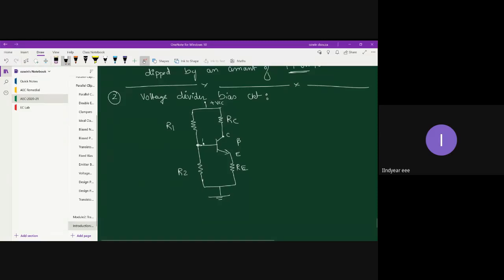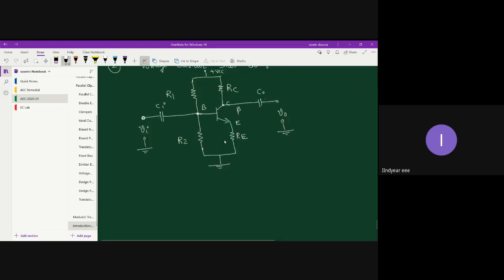That's your base terminal, and the input capacitor CI. The input signal VI, output capacitor C0, and the output voltage is measured from this end of the capacitor and the ground. So this is your voltage divider bias circuit based common emitter amplifier.